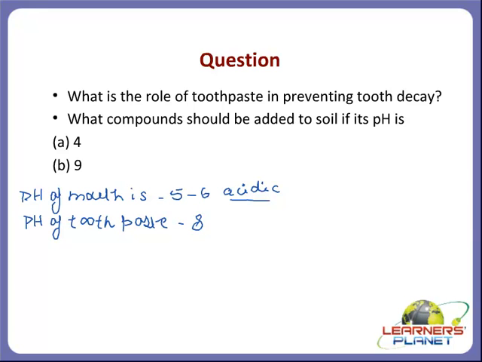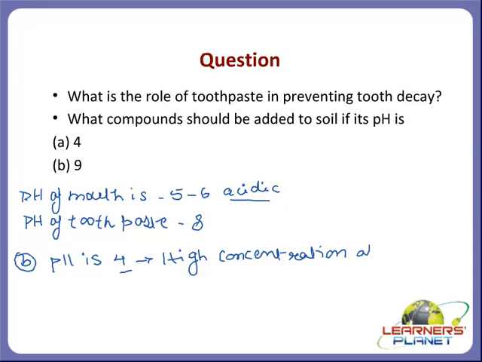When pH is 4, there is a high concentration of H plus ions, right students?